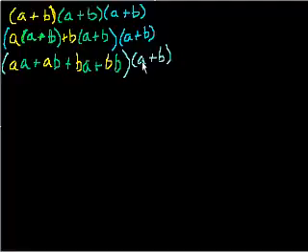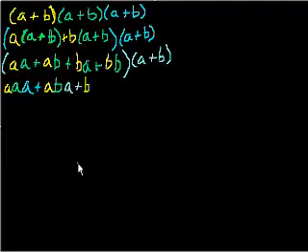And so essentially we're going to multiply a times everything, this blue a times all of this, and then plus this blue b times all of this. So let's multiply the blue a times all of this. The first term will be yellow a, green a, and then blue a. Plus yellow a, green b, blue a, plus yellow b, green a, blue a.